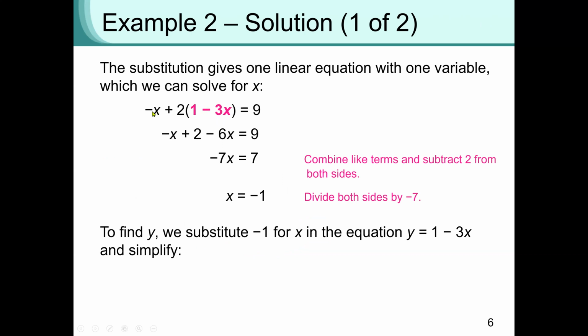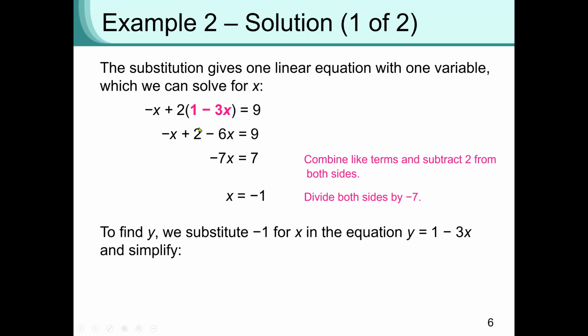So in this case, we can see in our equation we have only the x variable that is unknown. If we have only one unknown variable, then we are able to solve our equation. So first we open the parentheses: 2 times 1 is 2, 2 times minus 3x will give me minus 6x. Then I can combine the like terms, which is minus x plus minus 6x, and that will give me minus 7x.